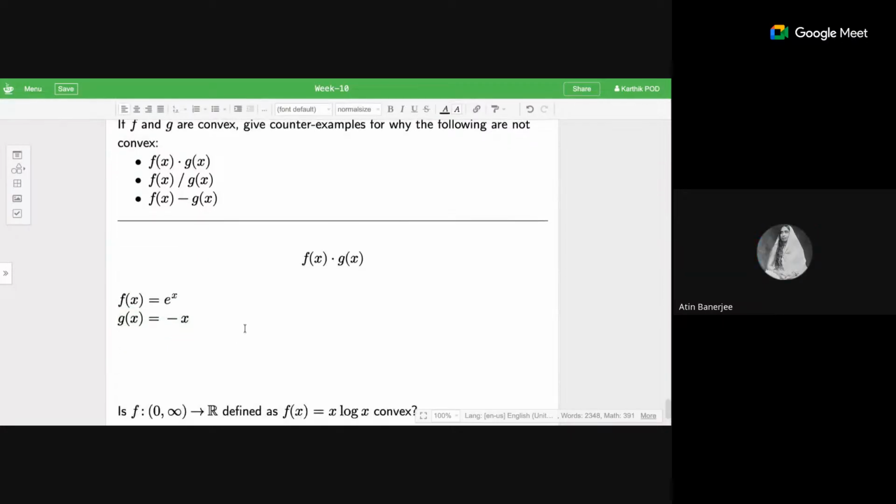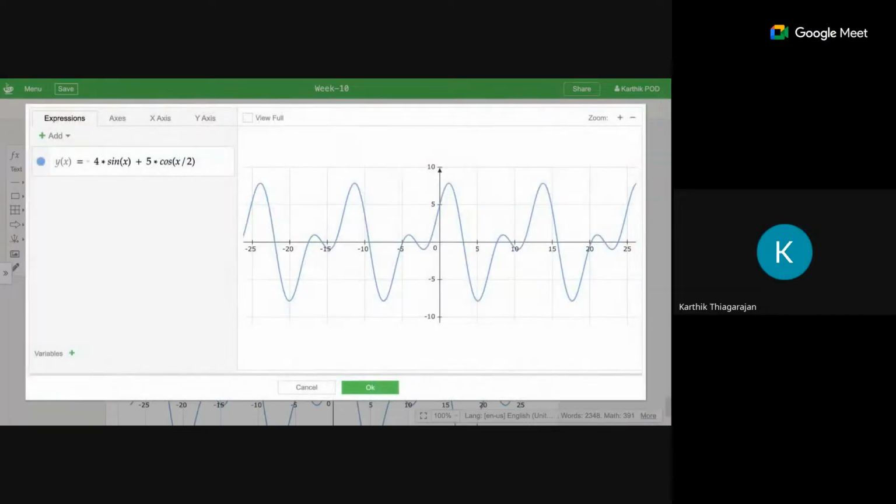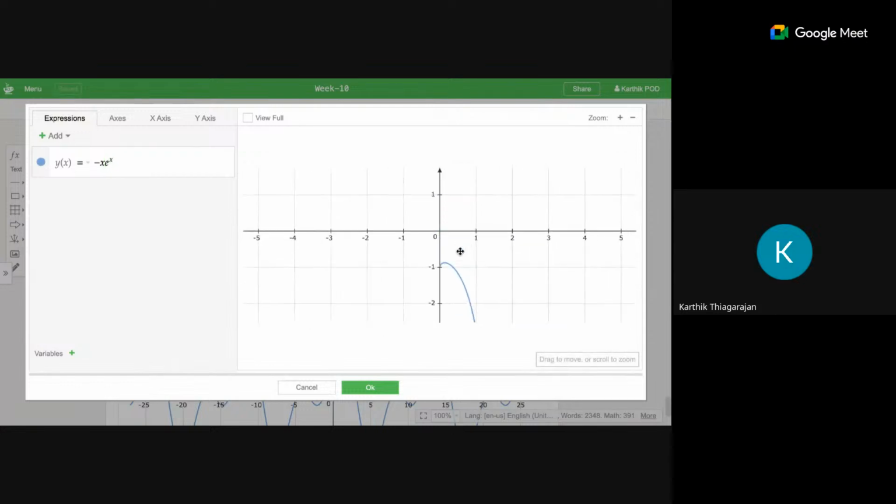Did you say e power x and e power minus x? I said e power x, and just minus x. Yes. Okay, let's first plot this. You'll end up with x e power minus x, e power x, right? So it is clearly not convex.